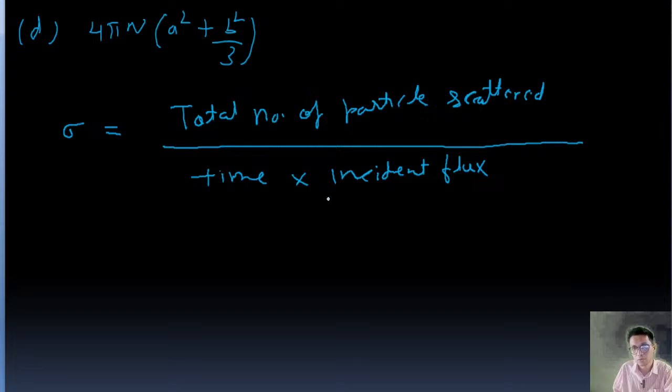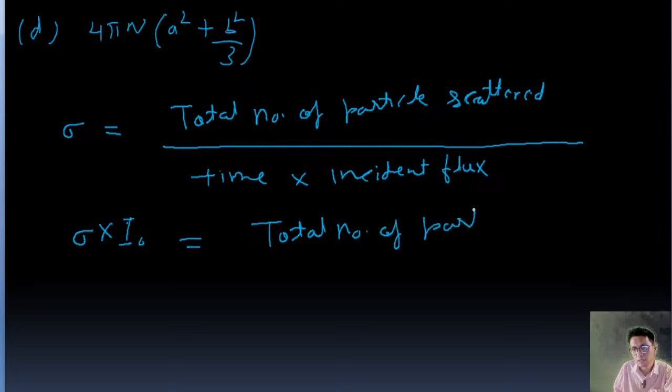From here, this is the total number of particles scattered per unit time per unit incident flux. From here, sigma into, suppose the incident flux is I naught, so sigma into I naught is going to be the total number of particles scattered per unit time, right?